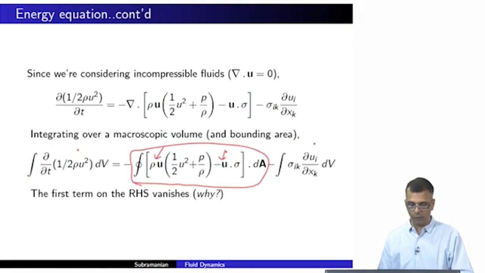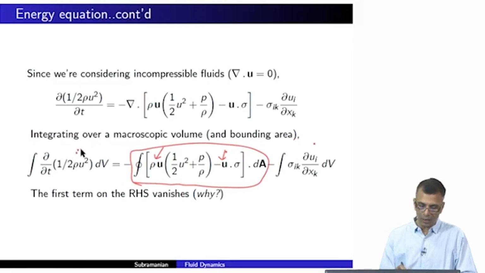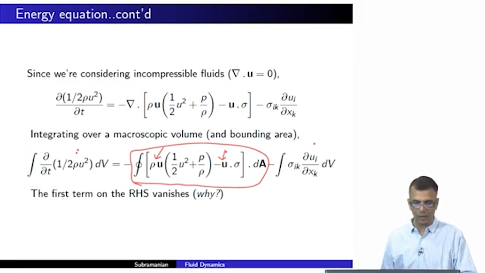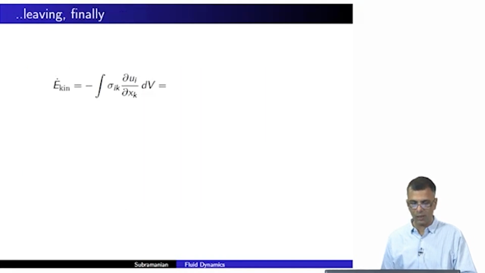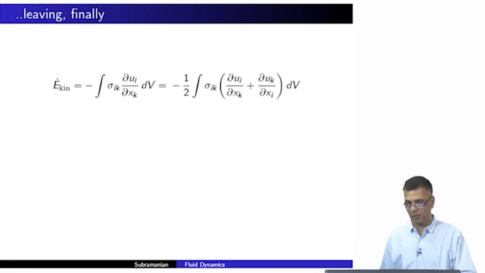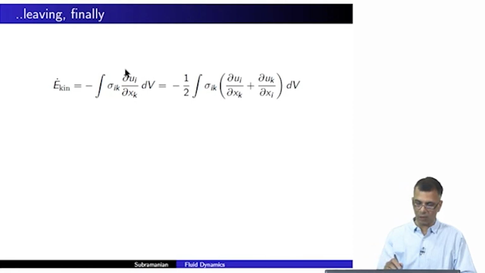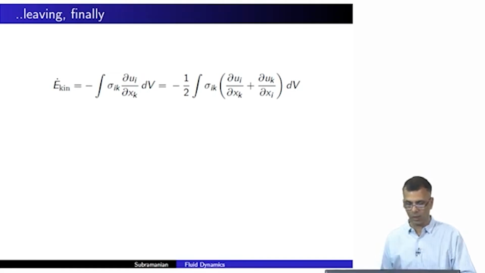Therefore, what I finally have is E dot kinetic. This is kinetic energy density, isn't it? E dot kinetic, in other words the time derivative of the kinetic energy density, is equal to this quantity integrated over volume, simply substituting for this.